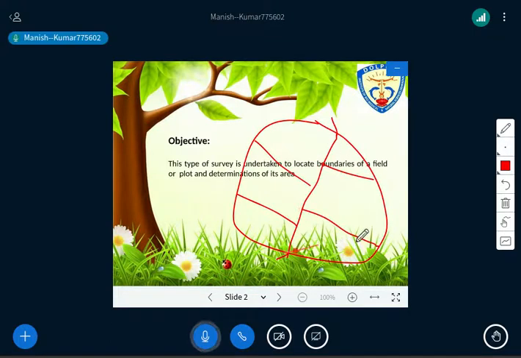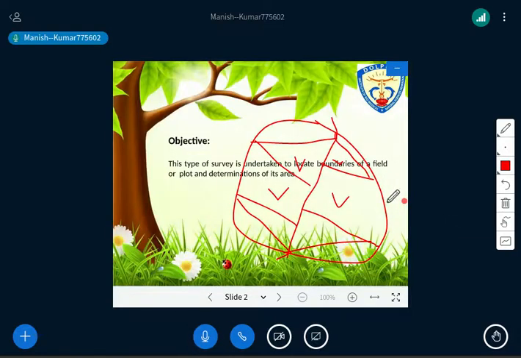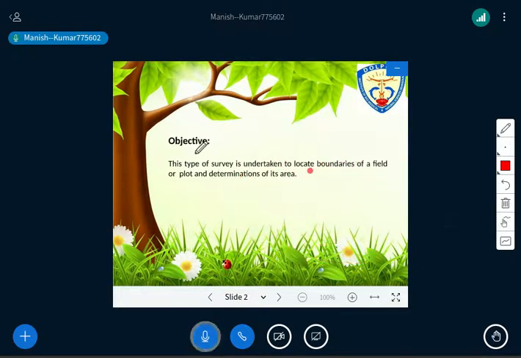And then we can have this kind of matching, and you will get a certain known geometrical figure. It may be a triangle, it may be a trapezium. Through this we can calculate the area of any region that has irregular boundaries. Have you got the concept here? This is the basic objective of this cross staff survey.